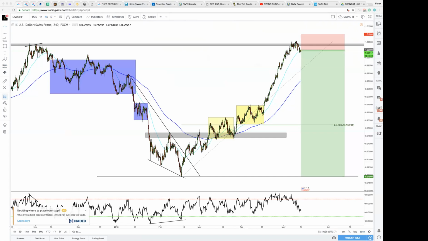Take profit would be 919. All right. USD CHF.